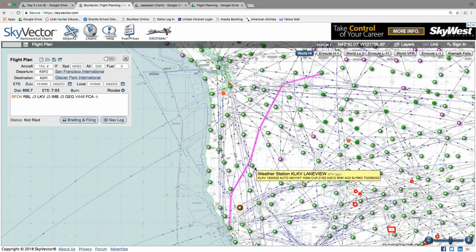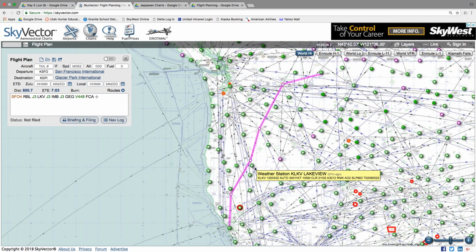They want you to plan at basically your top of climb. And to throw another kink in that, at the end of the day, ATC is going to tell them what altitude they want them at regardless. I've had pilots flying east to west, Kansas City to San Francisco, but because rides were better at 29,000 feet, they asked to be approved for 29,000 feet.